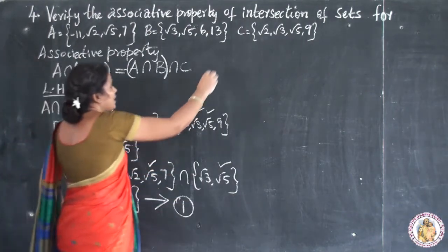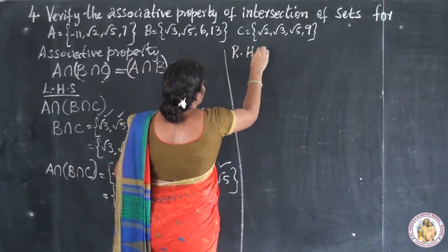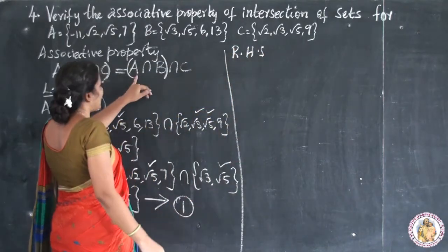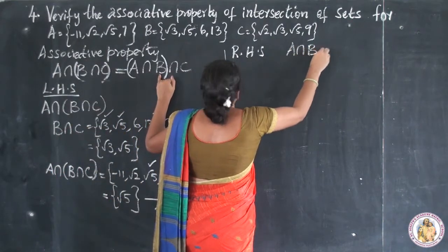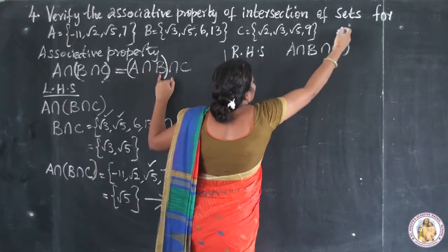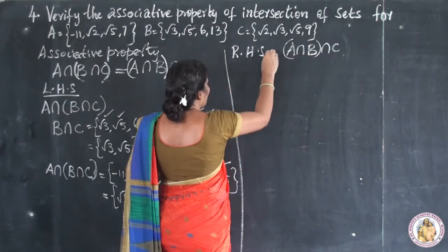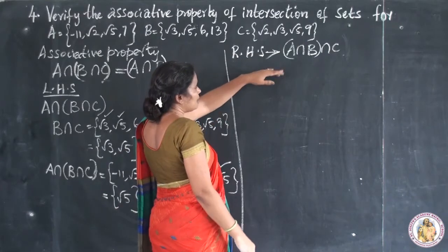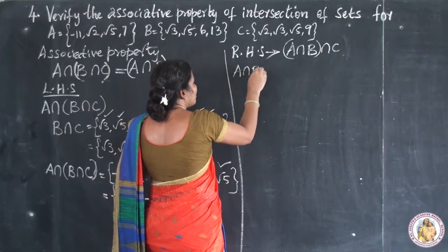Now let us find out RHS. What is RHS? RHS is equal to (A intersection B) intersection C. Bracket for A and B. Go with the bracket, that is A intersection B first.